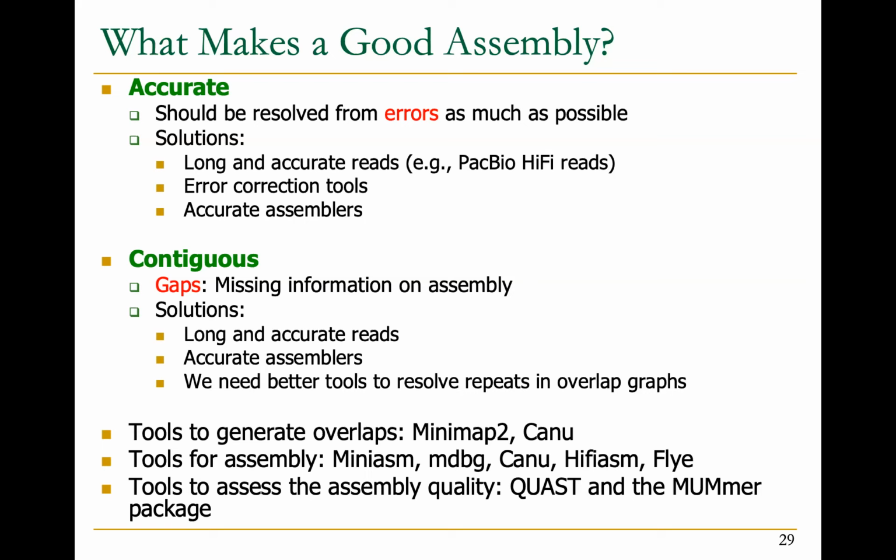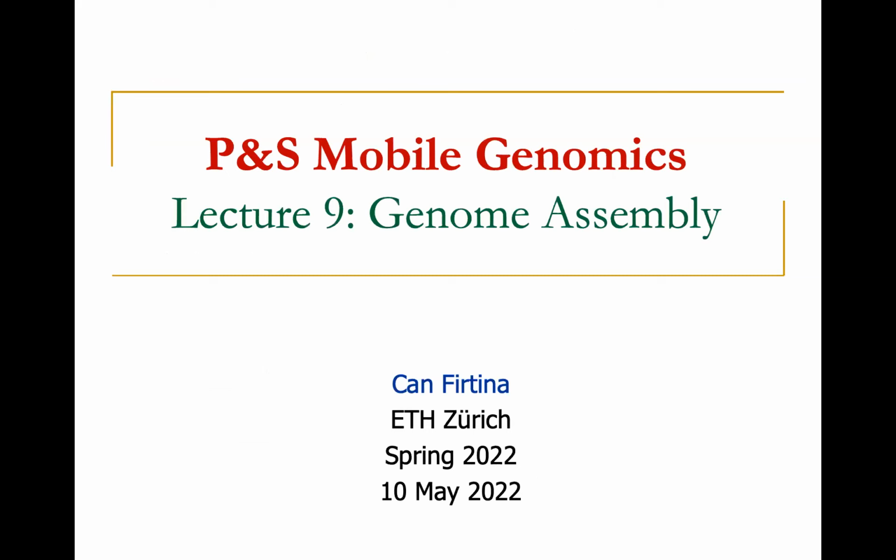So with that, I will finish the genome assembly lecture. I hope this was very informative for you, and I hope you could also see some connections between read mapping and genome assembly, at least in terms of the high-level picture of what we want to generate at the end.